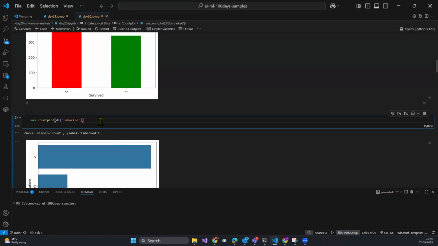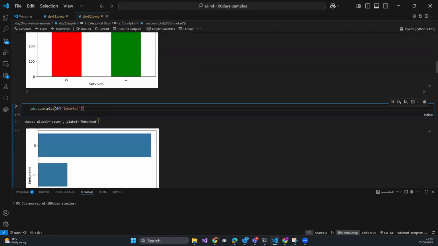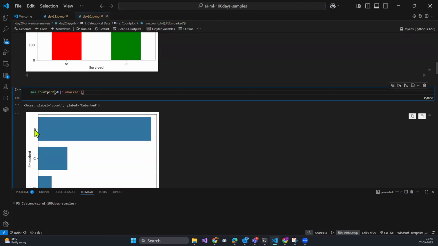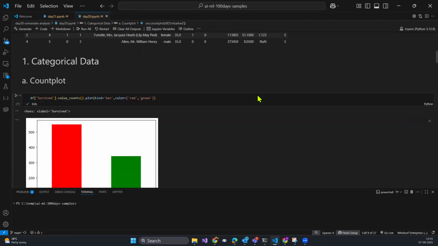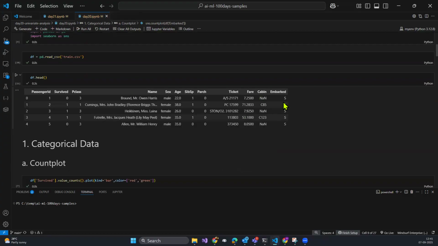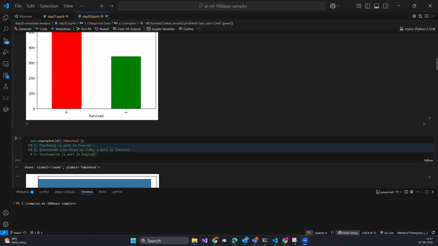Another way is to use a count plot to show the counts based on embarked, right? So how many people embarked at each station. Let me bring up this embarked column.